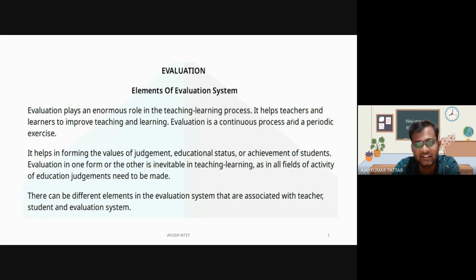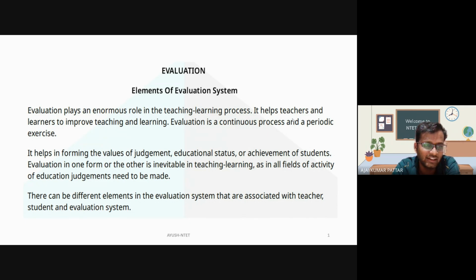So, for better understanding, what is the evaluation system? Can anyone tell whether evaluation and assessment are the same or different?